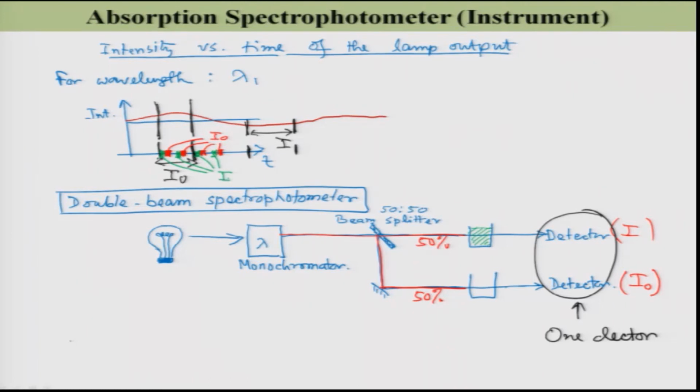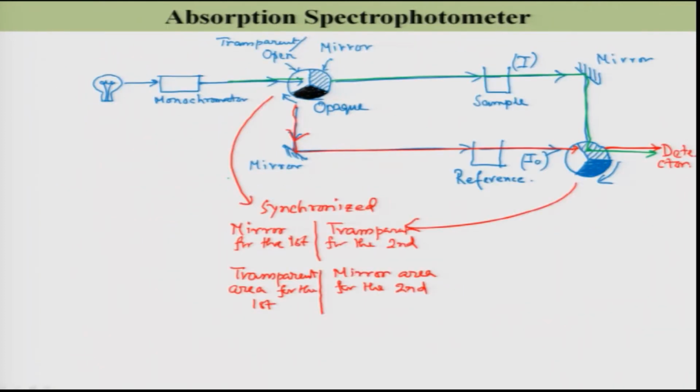So, I can measure this I and I0 in such a way that although there is some drifting in the lamp output, they will be compensated with each other, because I am measuring it many times. And if you notice over here, I am going to have another region which is this opaque region.